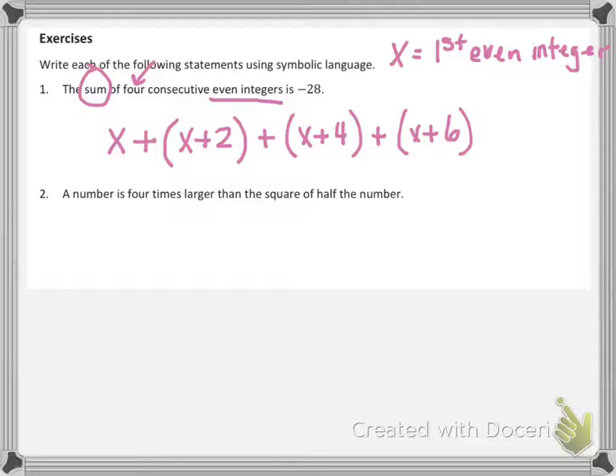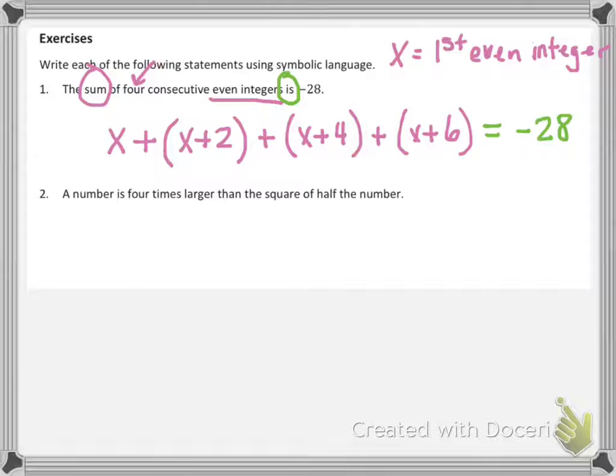All right, and then it says that it equals negative 28, and there is our equation. Now we could use algebra skills to find out what those are, and we'll definitely be doing that later in the unit. But for right now, that's our job: write an equation using symbolic language to match the statement.